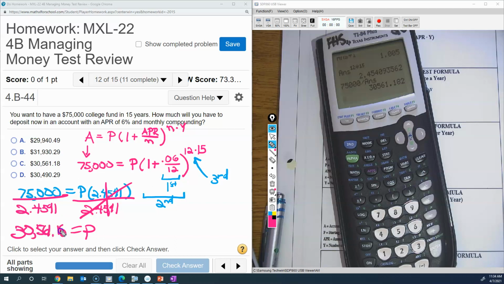There it is. You'd have to start with 30 grand in order to reach that goal at that particular percentage rate.